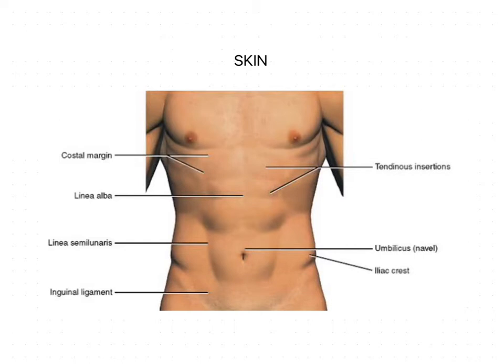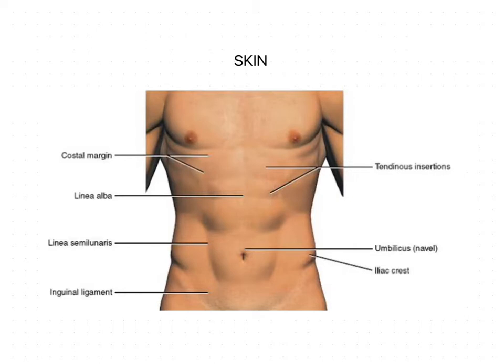Such stretching can be seen in pregnancy, or with accumulation of fat in conditions like obesity, or there may be an accumulation of fluid called ascites, and also some large intra-abdominal tumors, all of which cause enormous stretching of the skin.